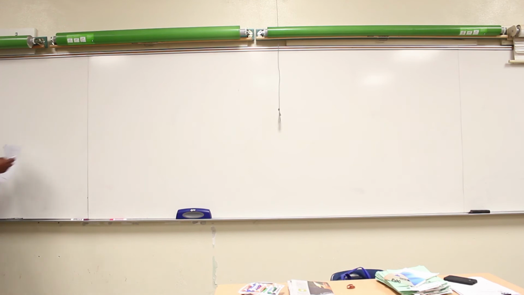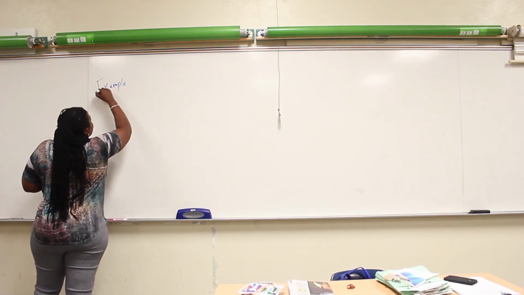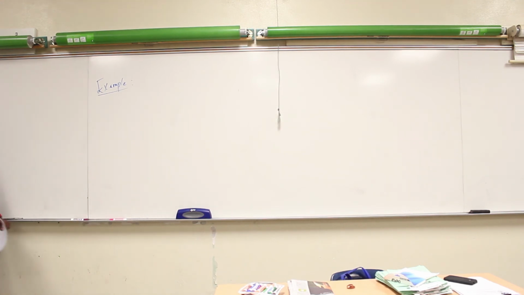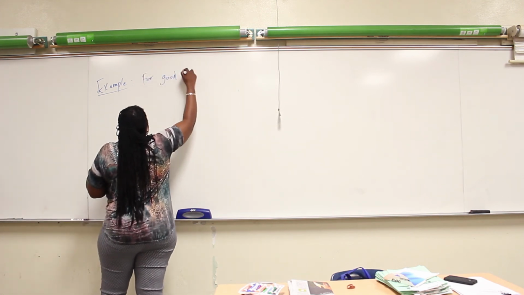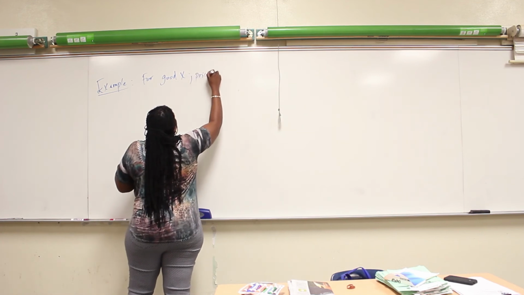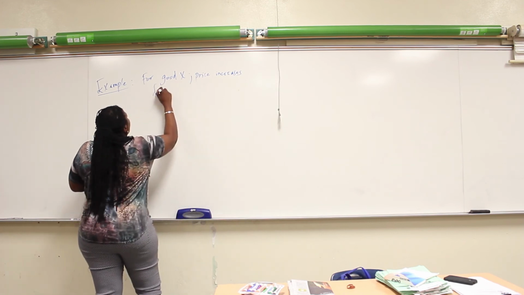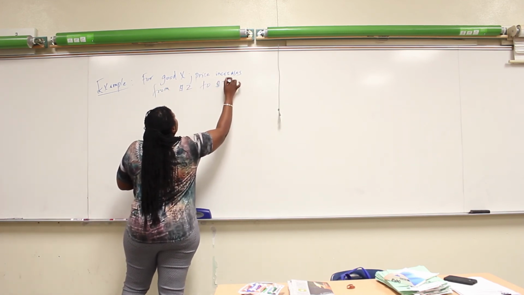All right. Here's the example. Simple. Let's say for some good, let's call it X. Whatever this good is, it doesn't matter. So let's say for good X, price increases from, let's say, $2 to $5.